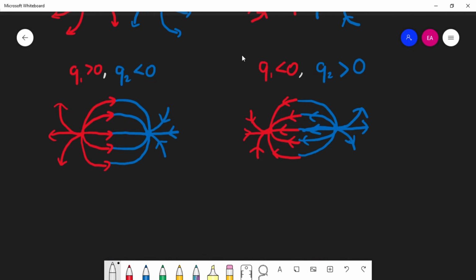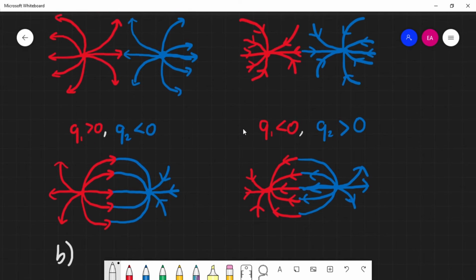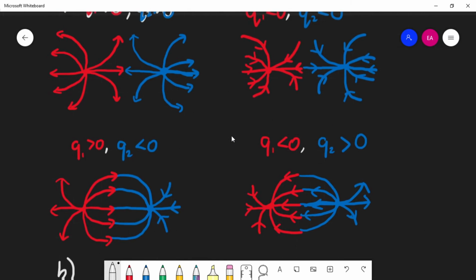Now, there's letter B. The second sub-question is using the sketches from the first sub-question and the direction of the electric field E, deduce the signs of Q1 and Q2. Okay, so we know that E is pointing straight down.